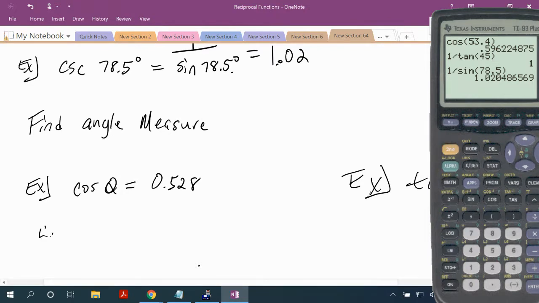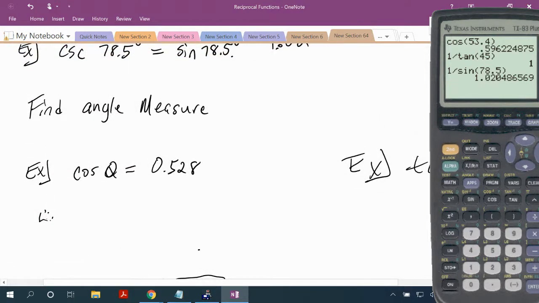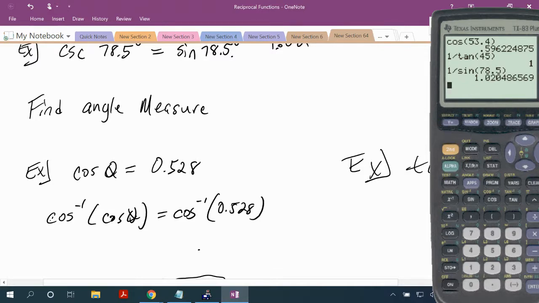So I'm going to take the arc cosine. All right, so I've taken the arc cosine of both sides.